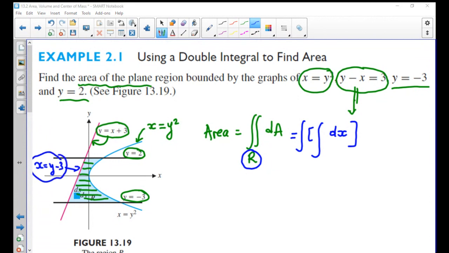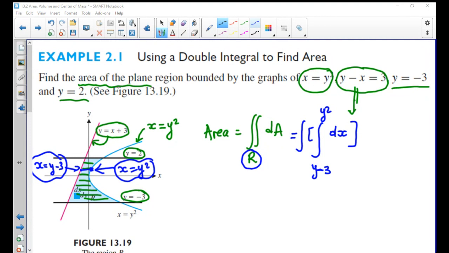So from y minus 3 to, what is the curve on the right? x equals y squared. Remember, I need x equals on the left and x equals on the right. So it will be y squared.